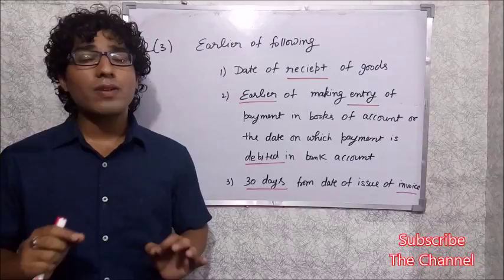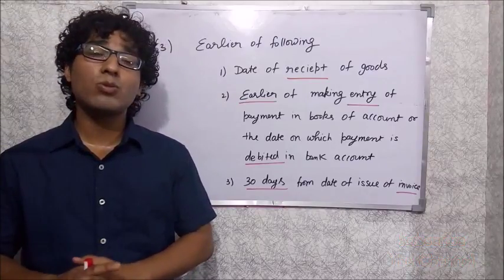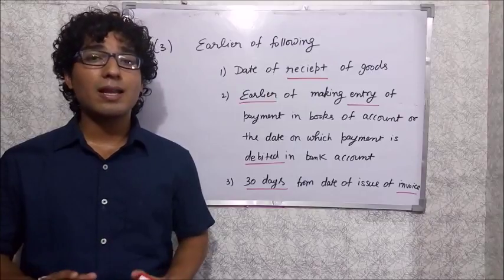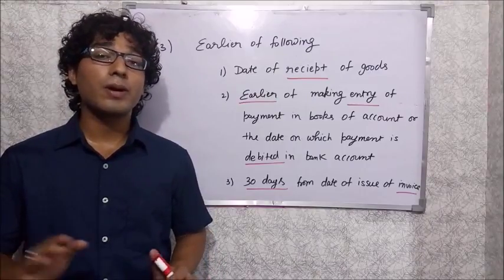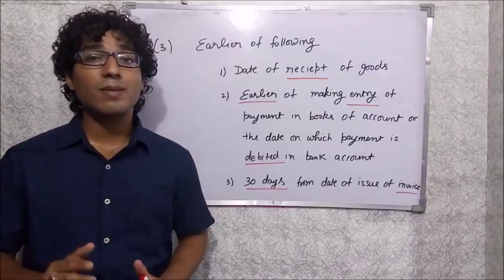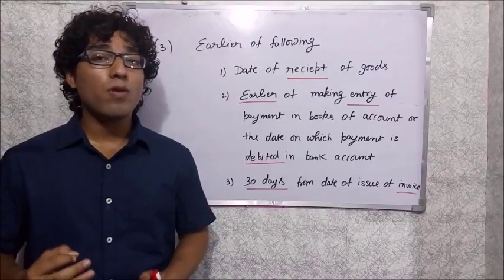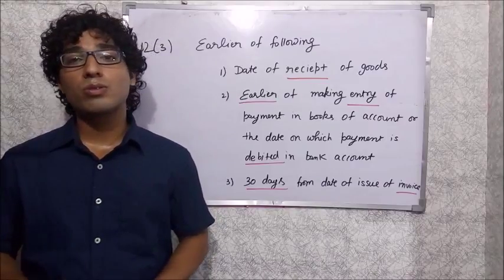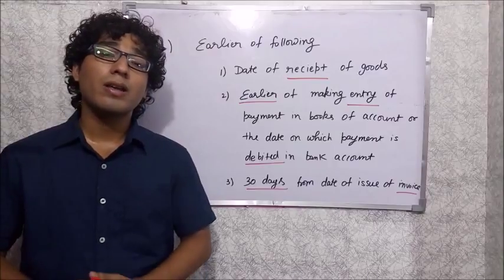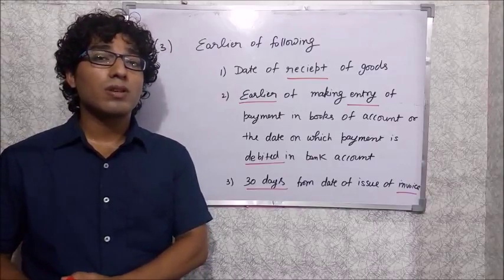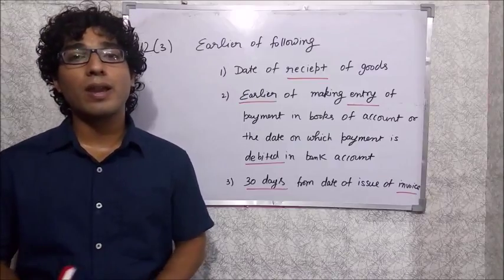So in the reverse charge mechanism, the recipient of supply of goods or services needs to issue the invoice. In the normal case, the liability to issue invoice is of the supplier, but in case of a reverse charge mechanism, the issue of invoice is also the duty of the recipient of supply of goods or services. So in case you are under the reverse charge mechanism, you, as the recipient of supply of goods or services, also need to issue the invoice.